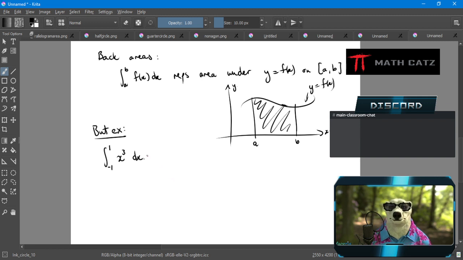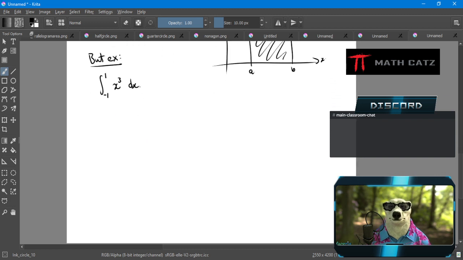Now, I can graph this, but let's pretend this is coming from something more complicated, and I don't even know what the graph looks like. I don't want to spend any time to graph it. What does this give me in terms of an area? It's just an area calculation, right? So let's just do it. I'm just picking a simple one that I can graph after this.